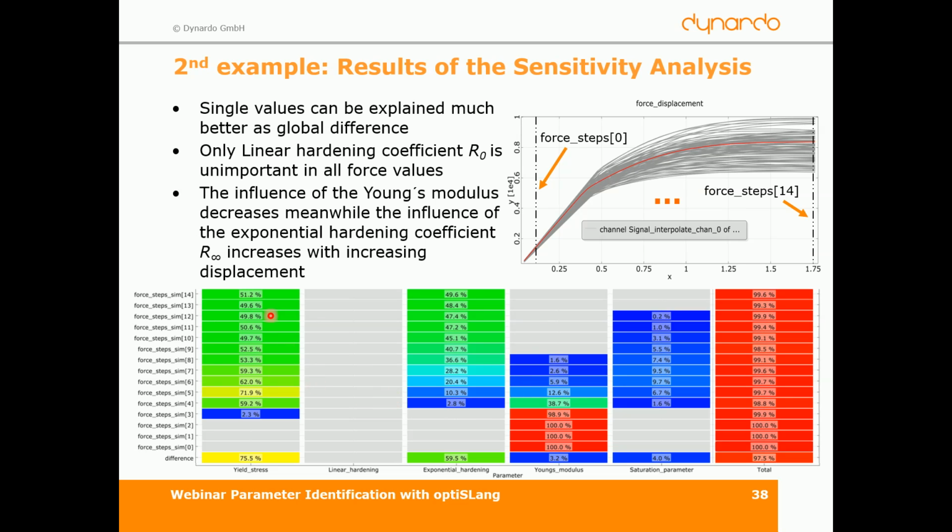And here you see also that the influence of the yield stress and exponential hardening will increase with increasing displacement, and the influence of the saturation parameter is less important.